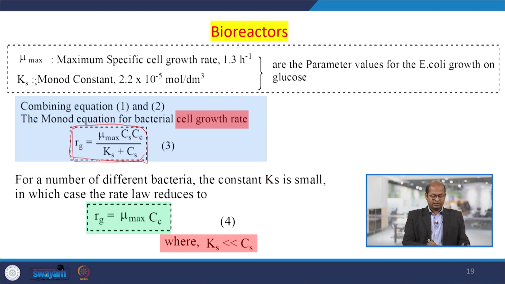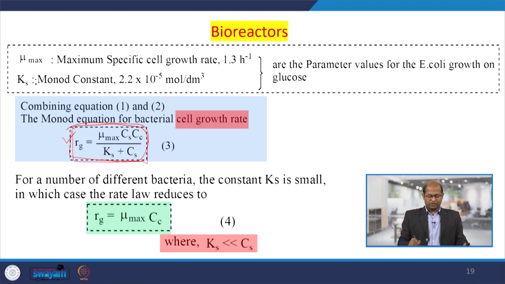This is how we can find the exponential cell growth rate in a bioreactor for a particular cell reaction. We can use this equation to find the rate of new cell formation, or the cell formation rate per unit time.